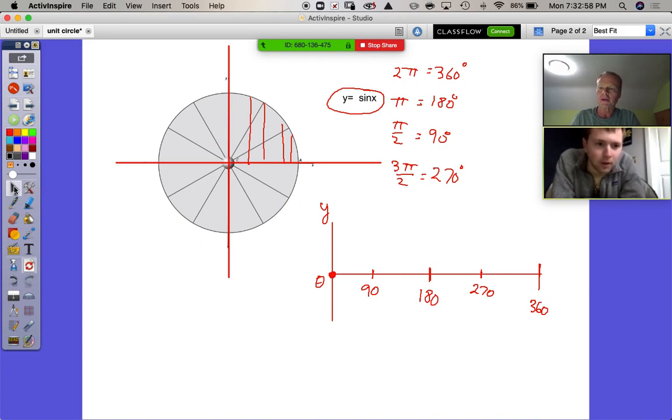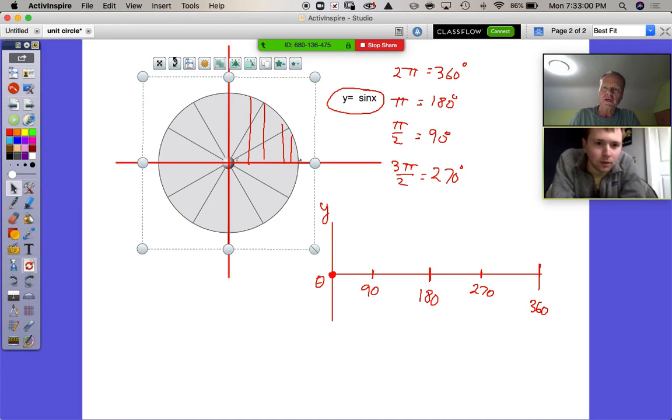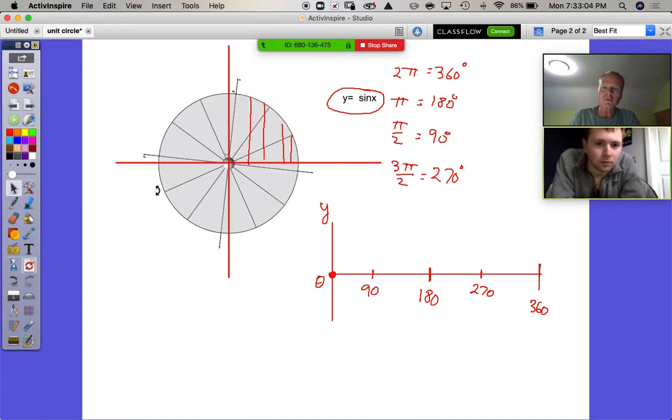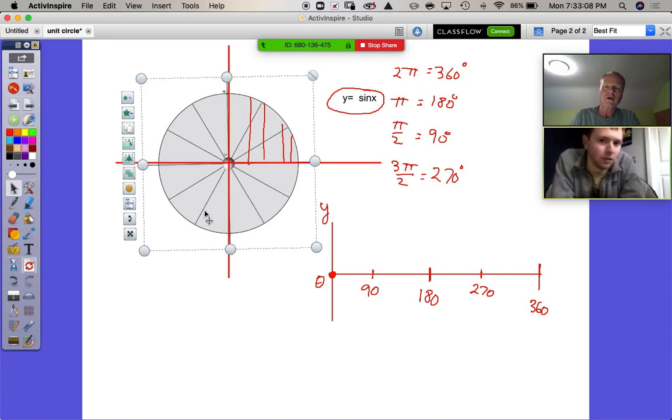I'm going to rotate and stop one quarter of the way through my rotation, which would be 90 degrees. That's one of those anchor points you pointed out. And what would be the height then? Well, what's the radius of this circle? Did we determine a radius?